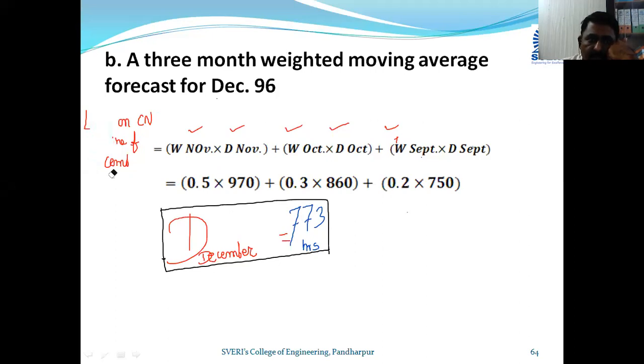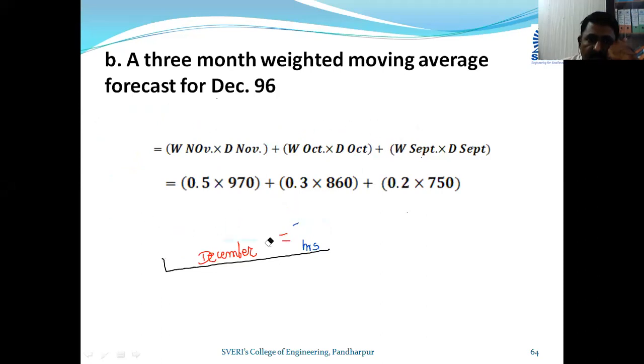So here we have to calculate the forecast for December, but by considering the 3 months weighted average method, and the weights are also given. Okay, so here you can say average forecast we have to calculate for December.